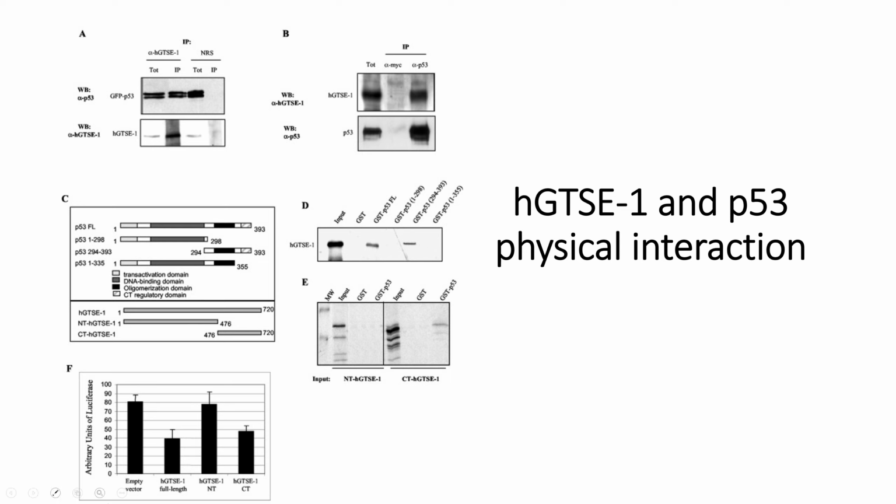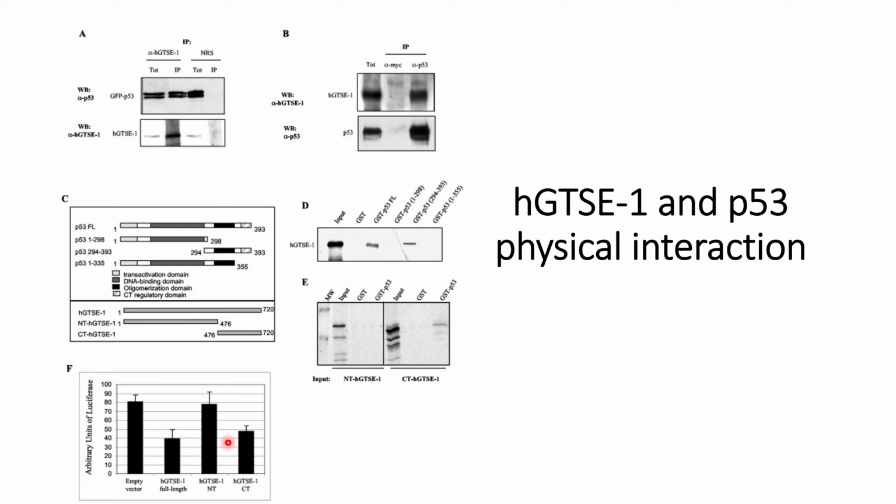In the case of empty vector, they see an increase in luciferase signals that relates to p53 levels, as there is no hGTSE that controls p53. In the case of full length hGTSE, since it contains the CT hGTSE-1, they see reduced luciferase signals, or reduced levels of p53 activity.